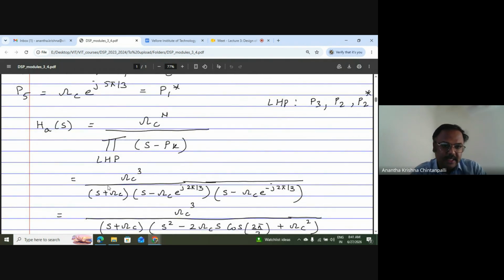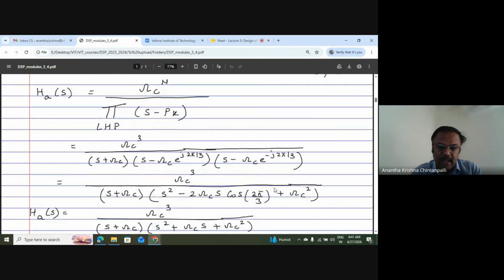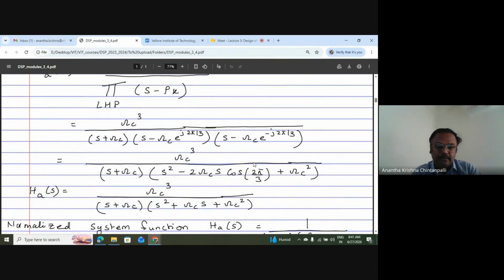So H of s is omega c to the power of n, that is omega c to the power of 3, divided by s plus omega c, s minus omega c e to the power of j 2 pi by 3, and then this is going to be minus because of the conjugate pair. I do a simple math here, and finally I get H of s equal to omega c to the power of 3 divided by s plus omega c, s square plus omega c s plus omega c square.